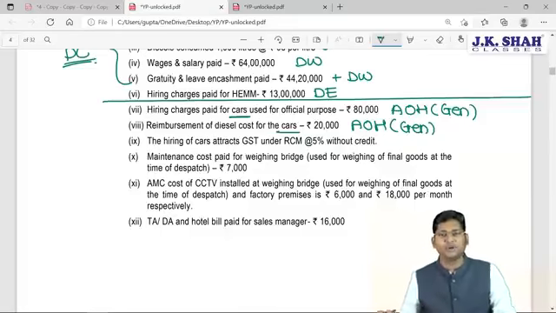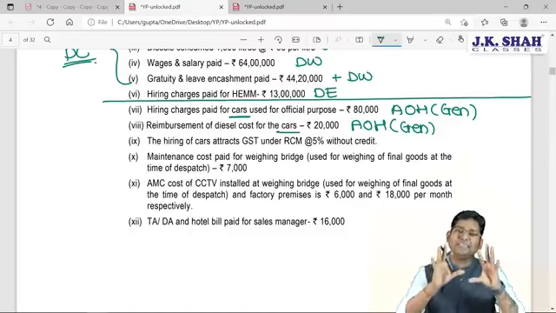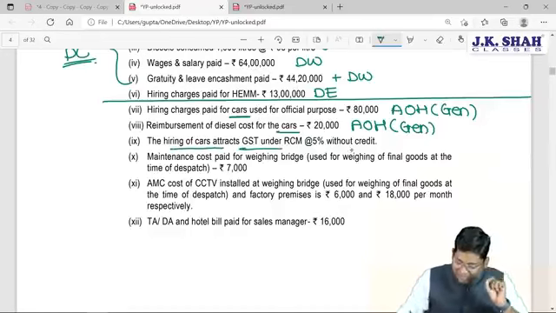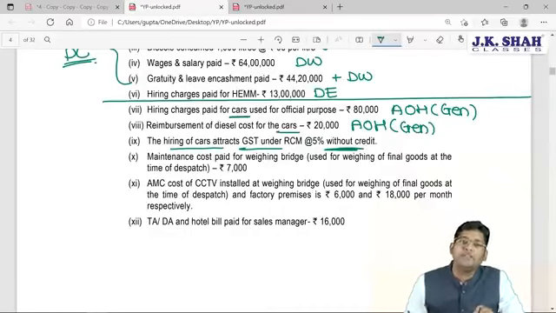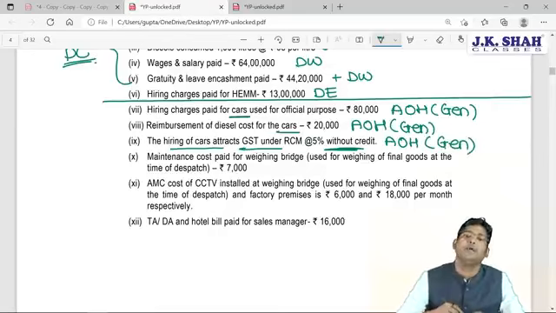Sir, ITC is not available means what? It means you have to pay this 5%. So whenever you are hiring cars, it attracts GST, and whenever it is without credit, that means this is the extra expenditure which you need to incur, and this expense is also to be recorded under general administration overhead because it is related to the hiring of cars.